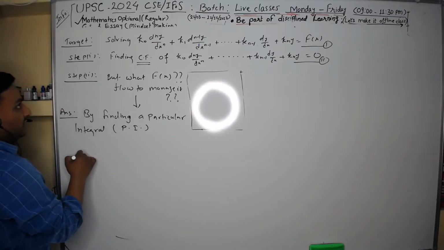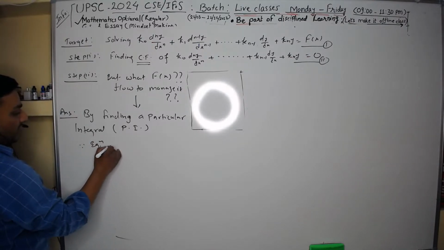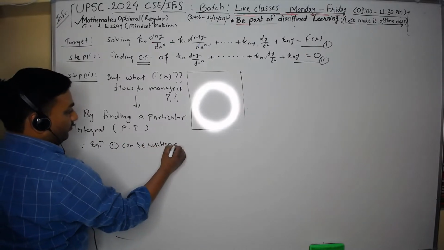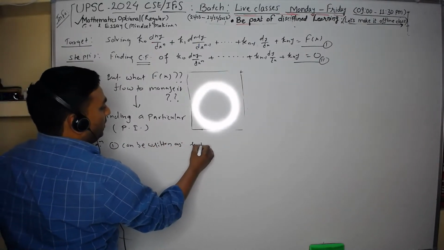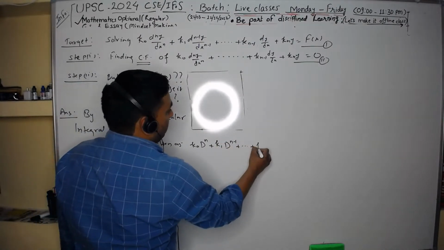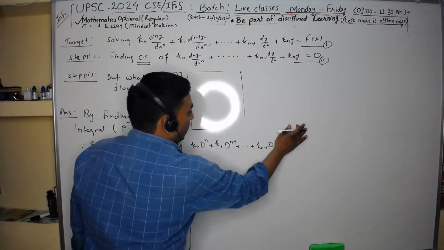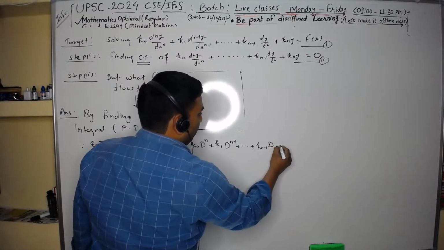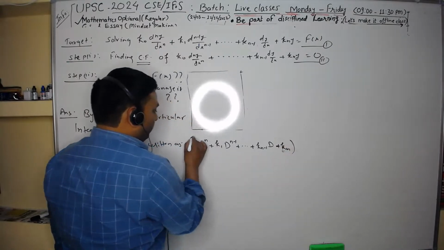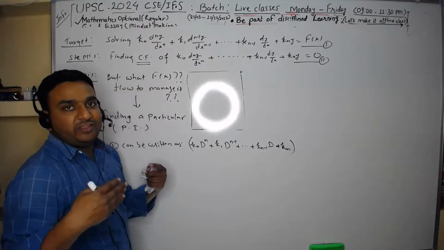And what is PI? See, since equation 1 can be written as k naught D raised to the power n plus k1 D^(n-1) plus ... plus k(n-1) D plus kn, applied on y, equals f of x. Please note this down carefully, because I know many of you don't know the basics and I don't know how to teach higher things.